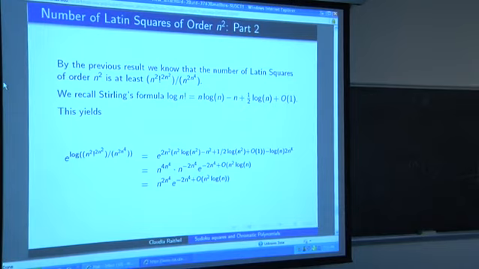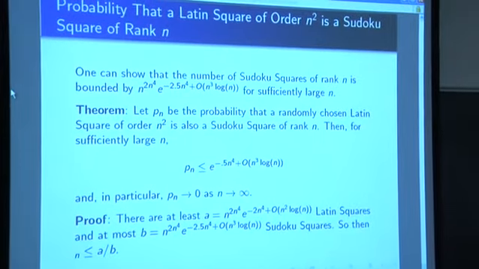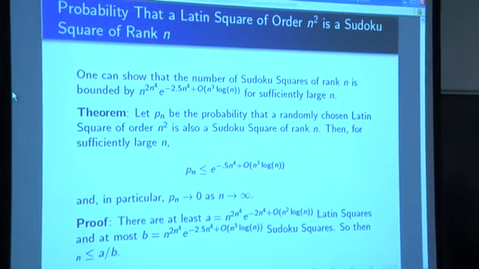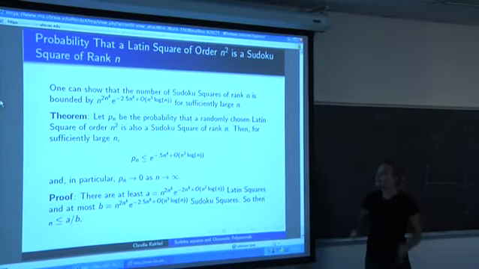It's harder to show, and I'm not going to bother to do it, that the number of Sudoku squares of rank n is bounded by that equally disgusting looking thing, for sufficiently large n. All of this is happening as n goes to infinity.